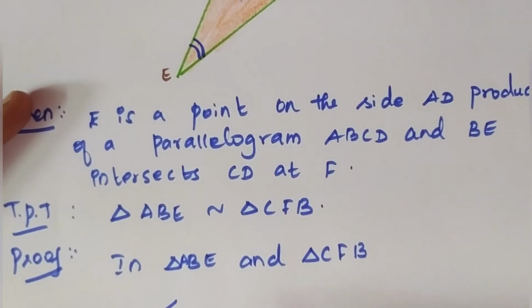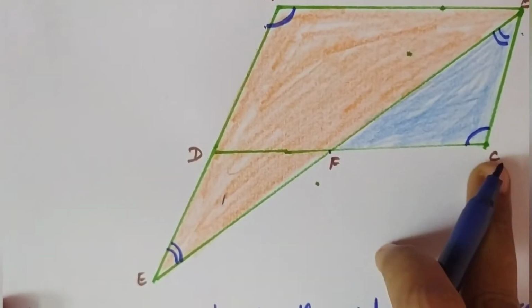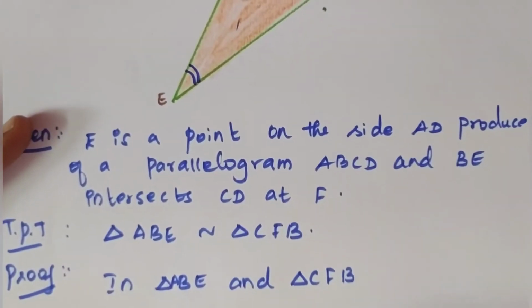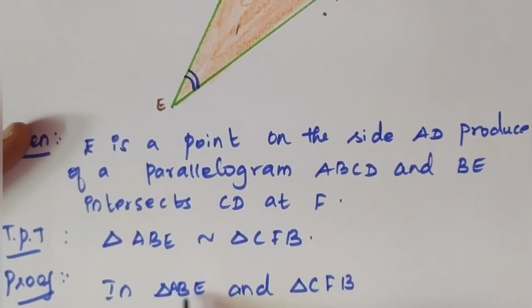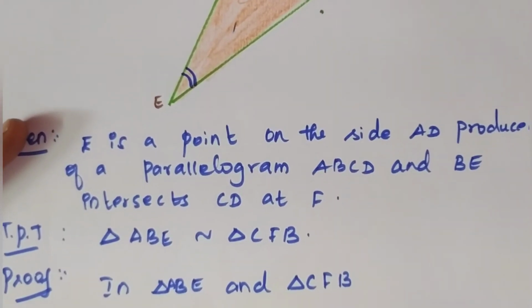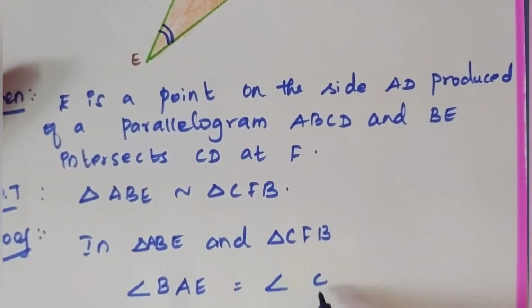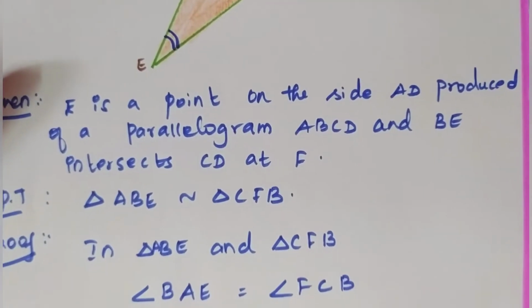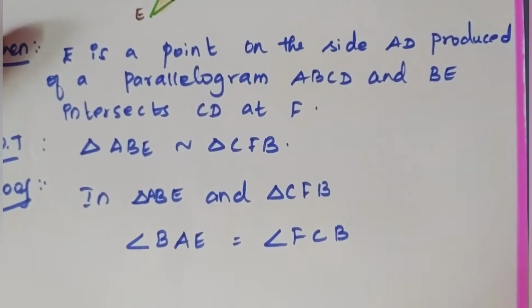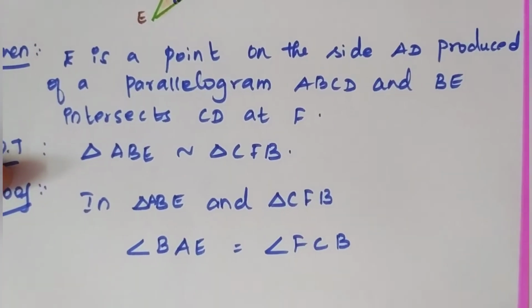First, opposite angles of a parallelogram are equal, so angle A equals angle C. Then write the remaining sides: first write the middle vertex and then the remaining two vertices.